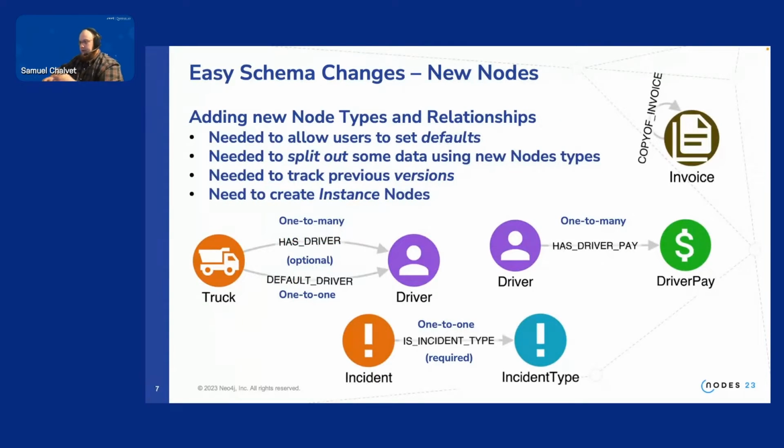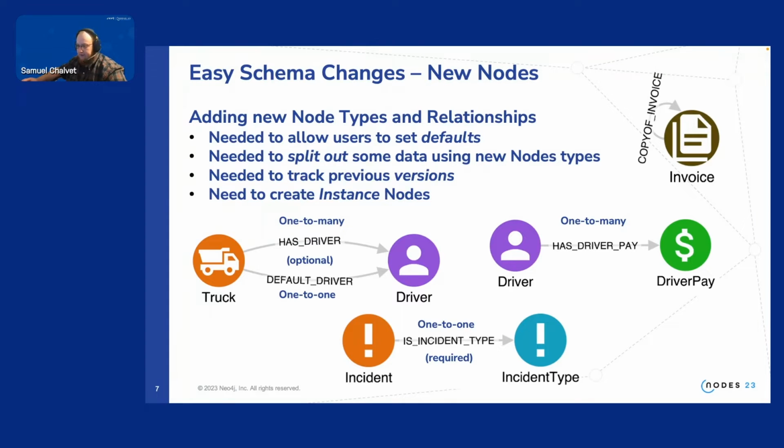Adding new nodes and new relationships is also something that we have to iterate through often as requirements change. Again, typically the overhead is very, very low for us and allows us to iterate fast. We found examples where a truck might have many drivers, but they suddenly wanted to have a default driver.